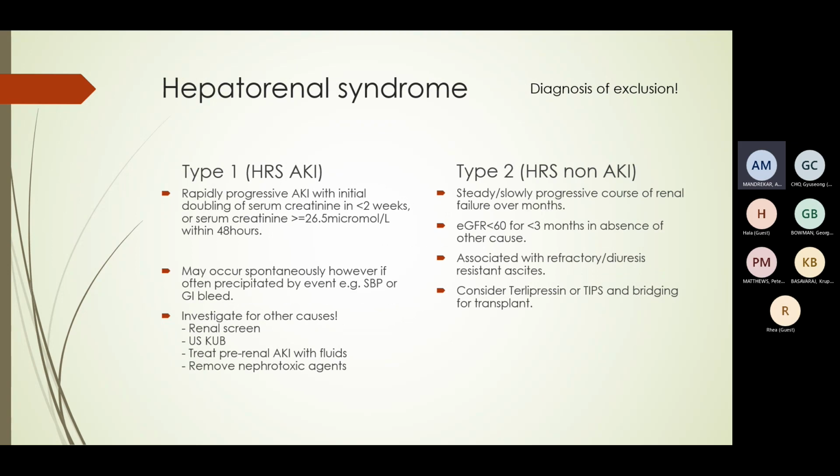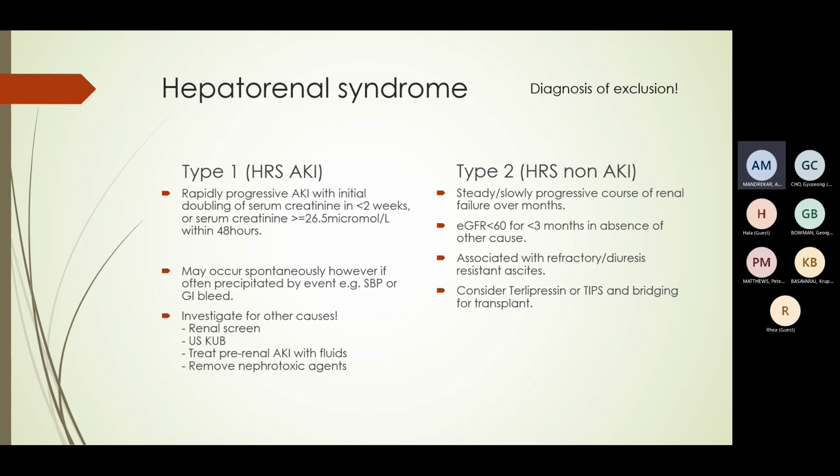Hepatorenal syndrome. So this is something I didn't really know a huge amount about, beyond sort of finals exams, very basic. And I'll keep this quick and basic because I'm aware that I've been chatting for a while now. So broadly divided into two types, which I think is beginning to fall out of use. So I put the other terms that I think are becoming more prominent, which is an AKI or a non-AKI associated hepatorenal syndrome.